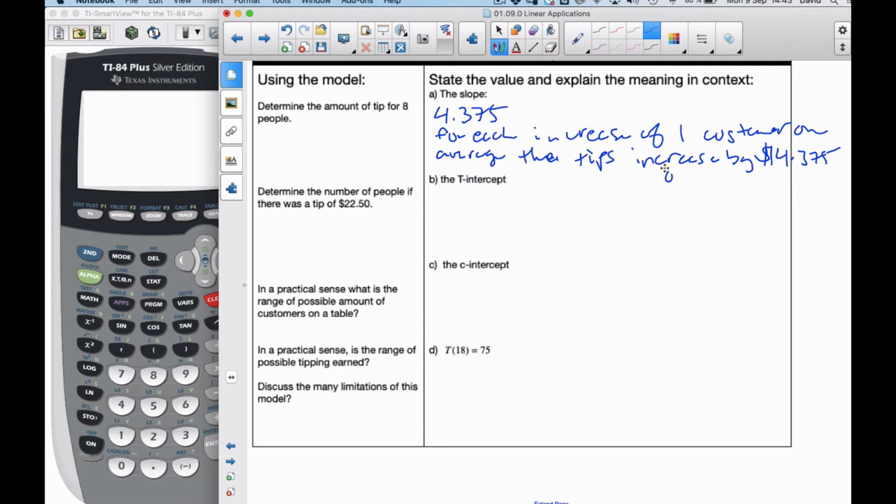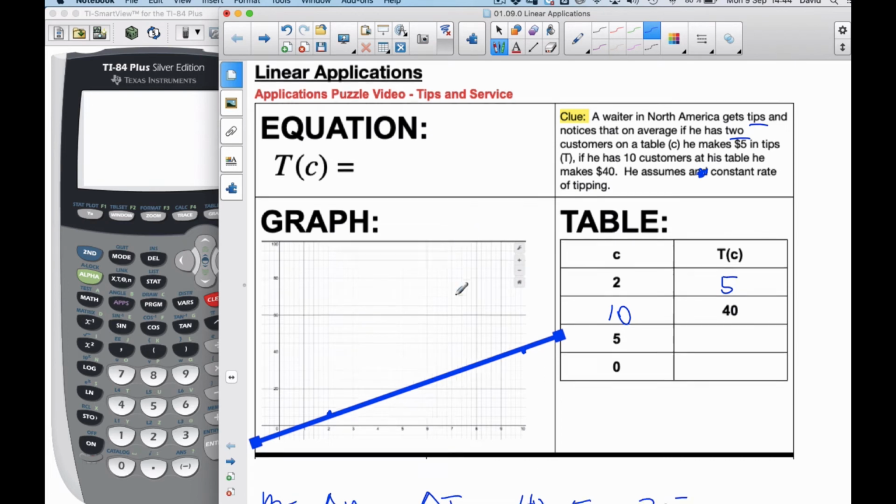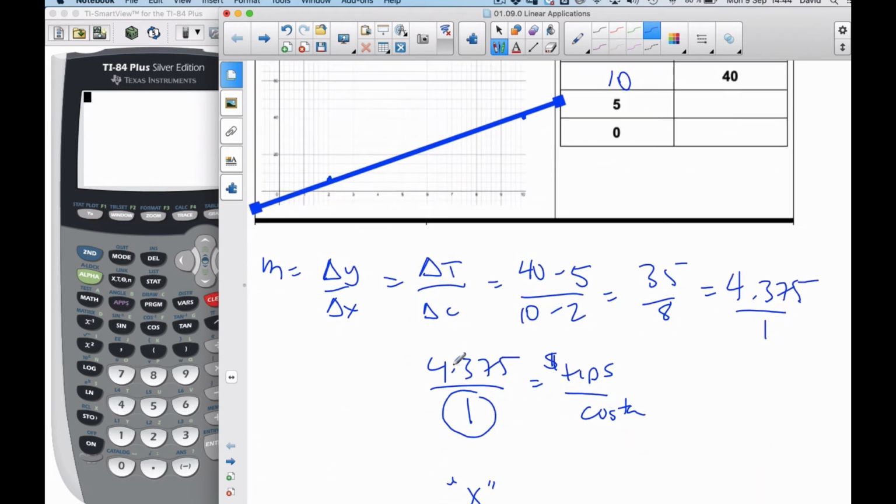Okay, and so that's how I've done it. Note when I do the slope, I talk about both variables. The units are included, and it's on average the tips. All right, so there's my slope in context, but I also need to find the equation.